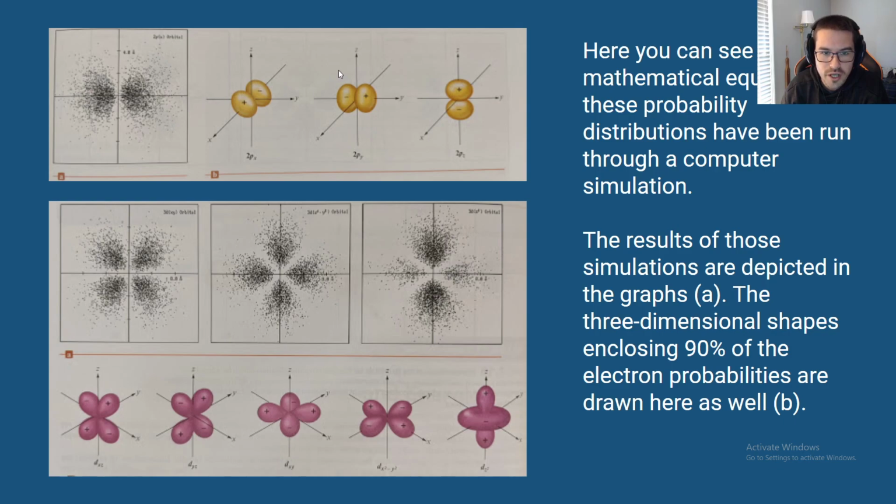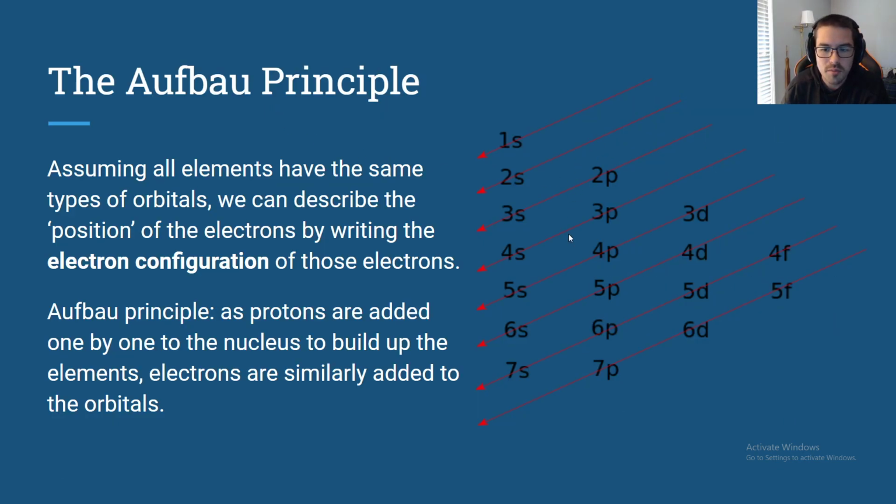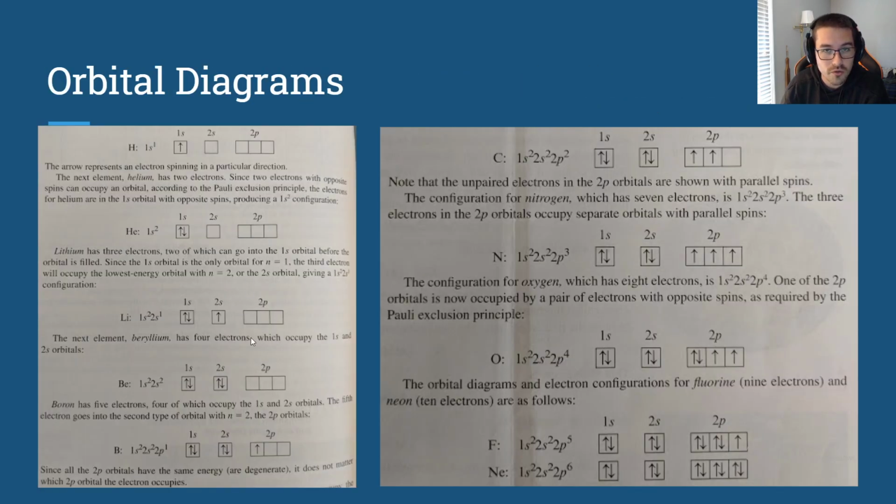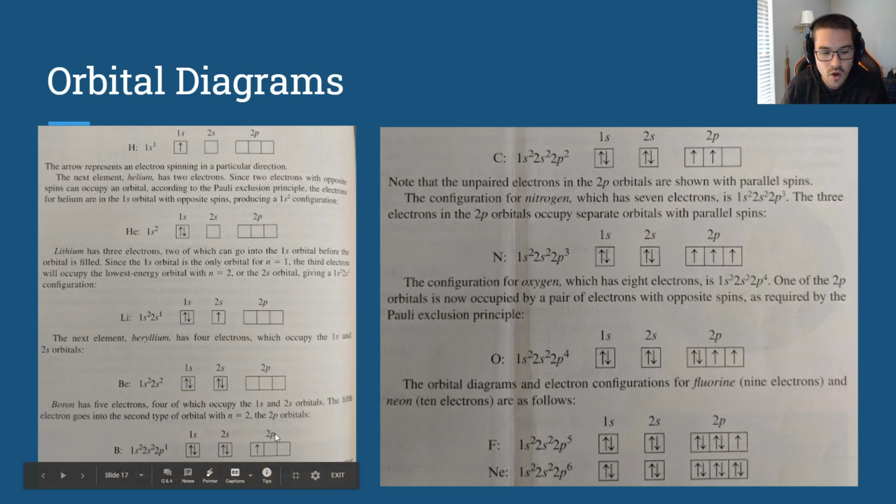Each of those shapes, each of those orbitals, can hold 2 electrons. In fact, the plus and minus signs here represent the positive and negative spin, or the up and down spin, of those 2 different electrons. Long story short, p orbitals can hold 6 electrons, but when we do this in the orbital diagram, we have 3 different boxes, and each box can only hold 2.